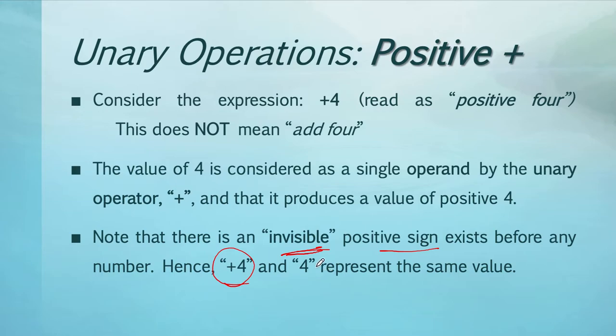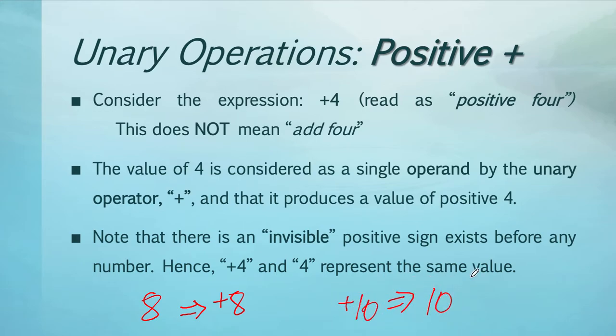Hence, when you say plus 4 or positive 4, or just 4 without writing the positive sign, it is still the same. So I think that's understood. When you say you have the number 8, this is understood to be positive 8, without even writing the positive sign. So for instance, positive 10 can be written as just 10.